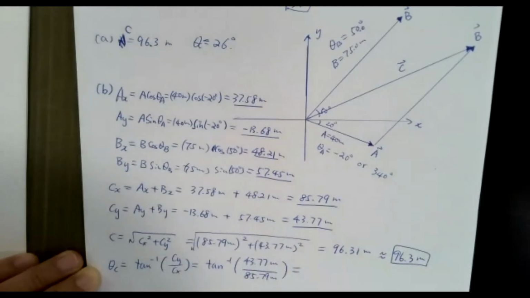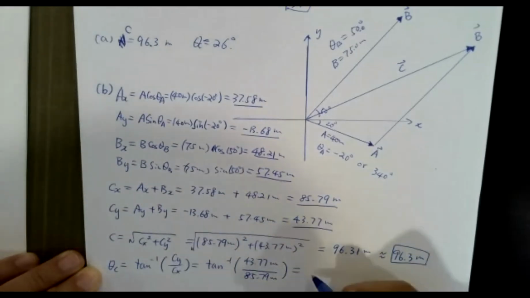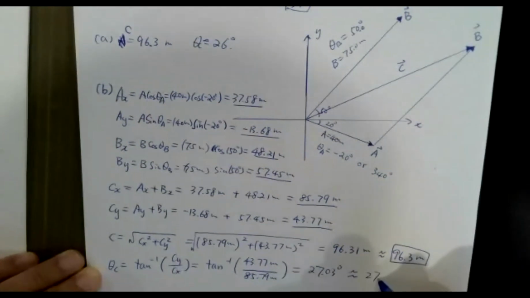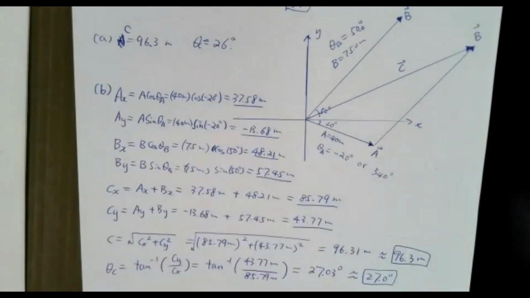Okay, that gives you roughly 27 degrees. So in this case, it looks like I'm off when I'm doing it the graphical way. I probably didn't do it perfectly parallel, maybe off by 1 degree or so. Then when we measured it, it shows like 26 degrees, but it's close. Okay.